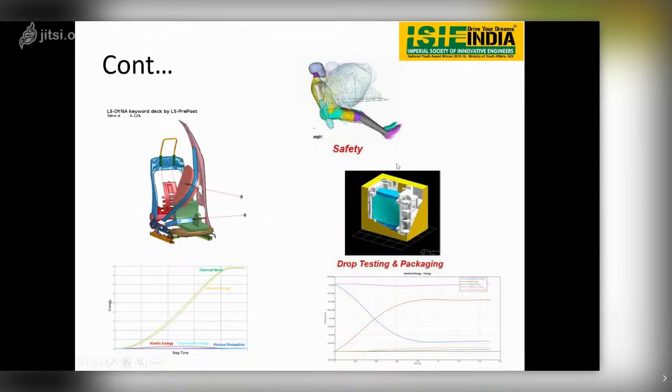While handling it may drop. The drop tests can also be calculated using LS Dyna. Based upon that, we can see how much energy it is absorbing and how safe the inside components are.